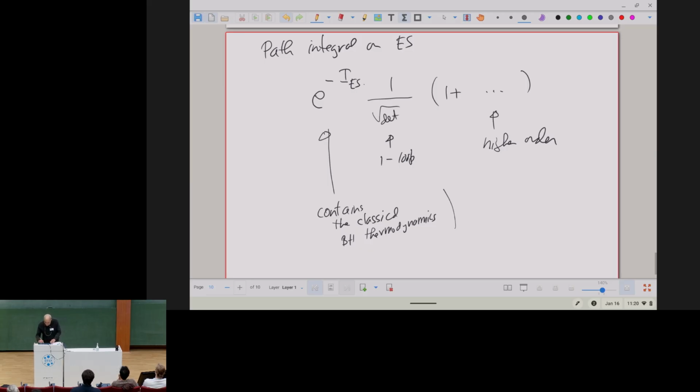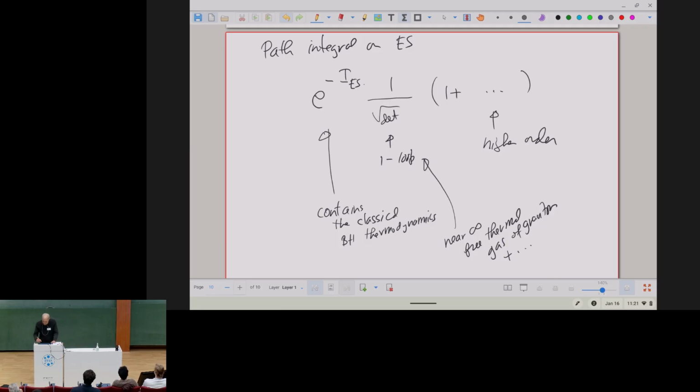Now, the one-loop correction will contain near infinity a free thermal gas of gravitons and other particles, if there are more fields in the theory. If it's pure gravity, it'll just be a thermal gas of gravitons.